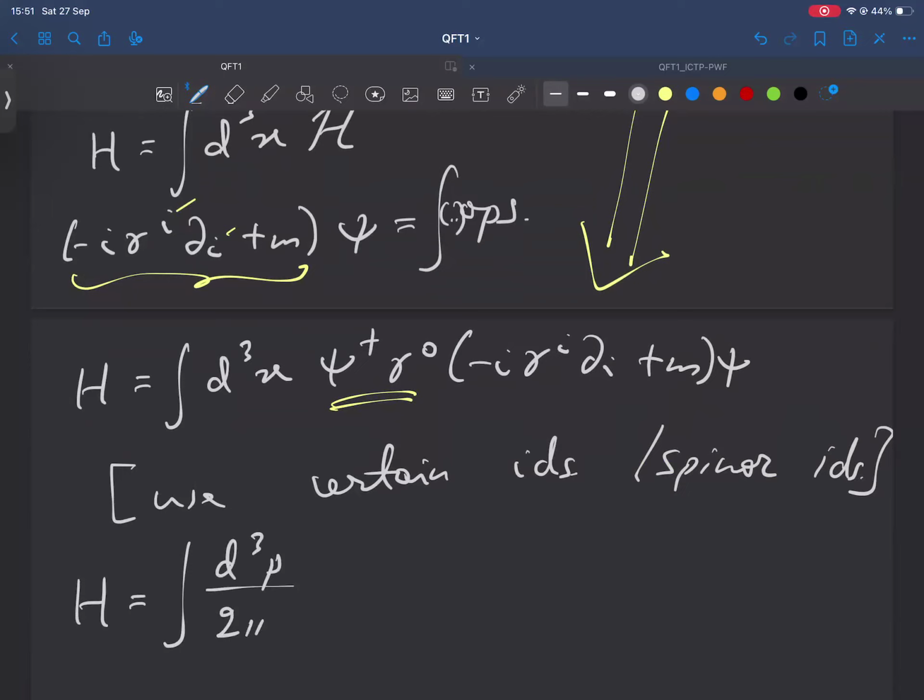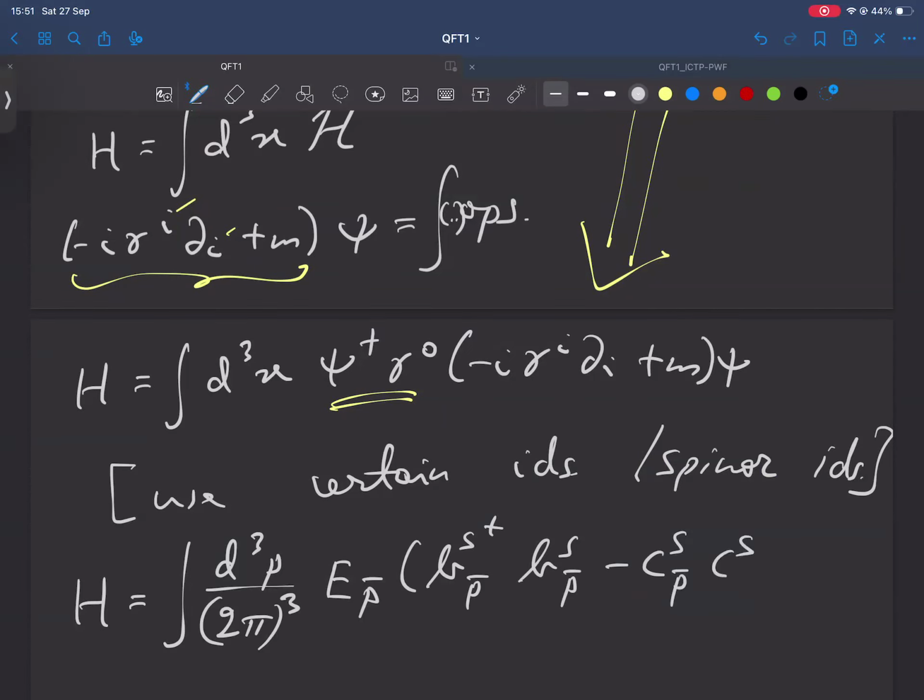It's again exactly similar to how we did in the complex scalar field. The only problem is you are dealing with spinors, so you have to use these spinor identities to manipulate them. So with that, you will end up with an equation looking like this. I have typed in the notes the explicit working of this, so you can look at it there, but for time constraint, I won't derive it here.